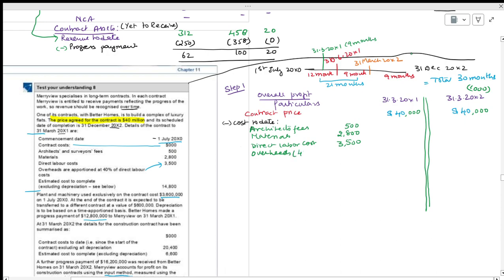Overheads are how much? 40% into 3,500. How much will we get? 350, 350, 700, 700 into 2, 1,400. Check again.